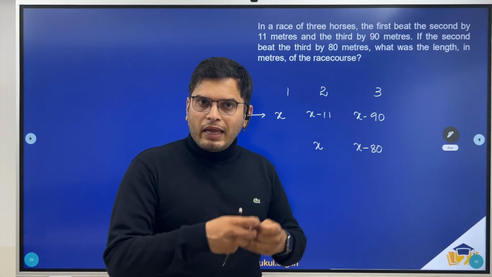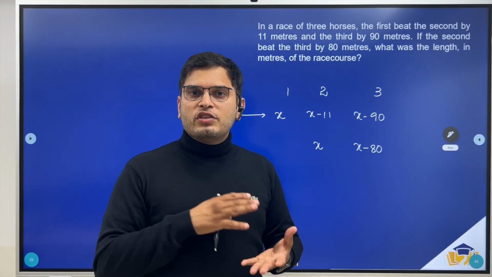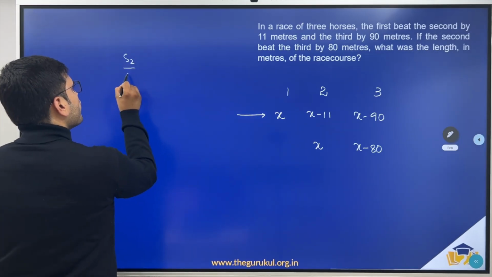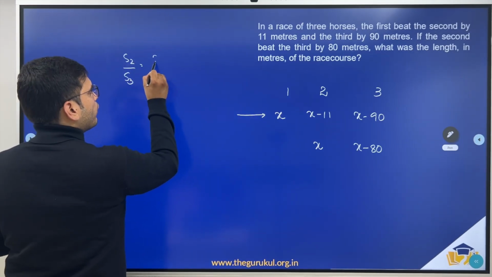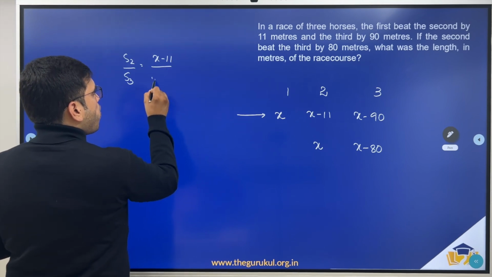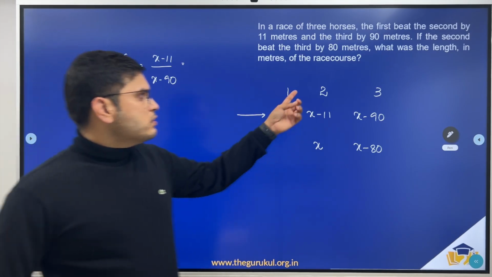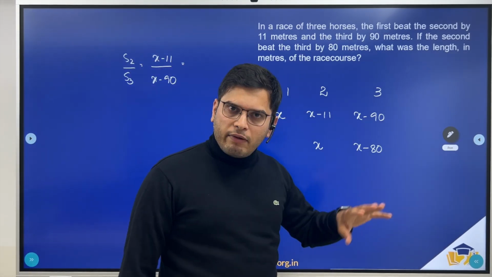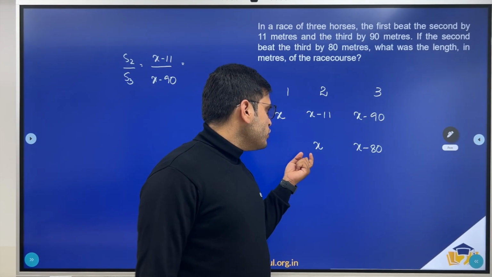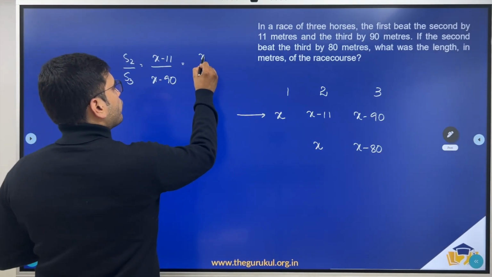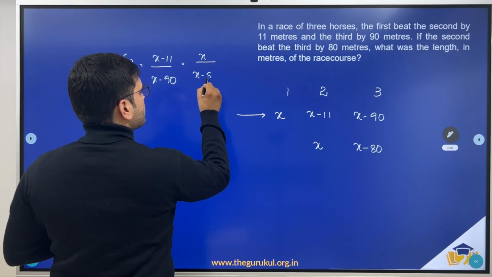So when the times are equal, speed and distance are directly proportional. So speed of second horse by speed of third horse would be equal to x minus 11 by x minus 90. Similarly, in the second case, again, both the horses are traveling for the same time. So what is the ratio of the distance covered? x is to x minus 80. So this should be equal to x by x minus 80.